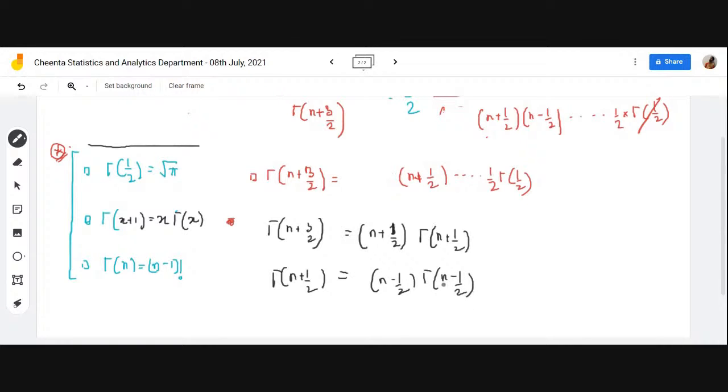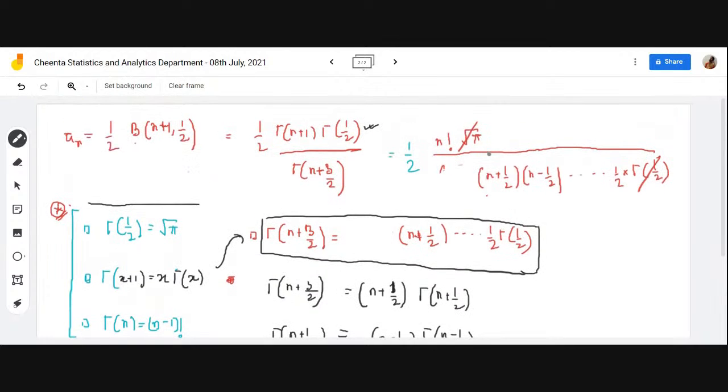And say n is an integer, right? So at some moment it will reach half. So at some point it will reach half into gamma half, right? So therefore gamma n plus 3 by 2 is equal to n plus half into n minus half dot dot dot half into gamma half. Everything is replacing. So this is the result you can understand. It's a corollary of this result.